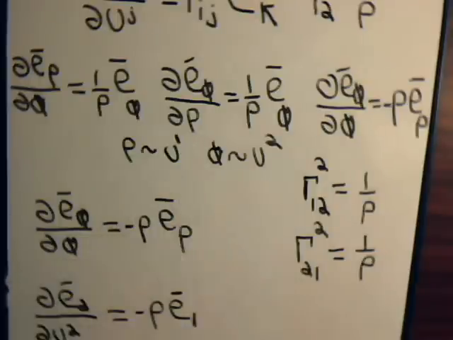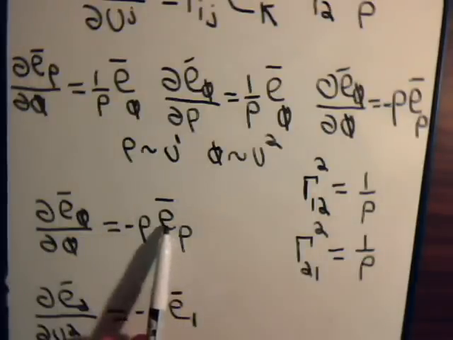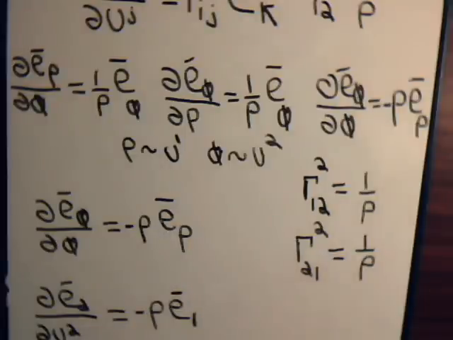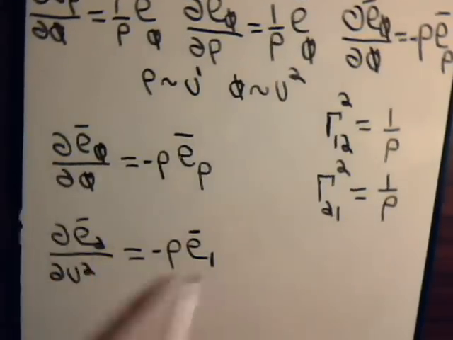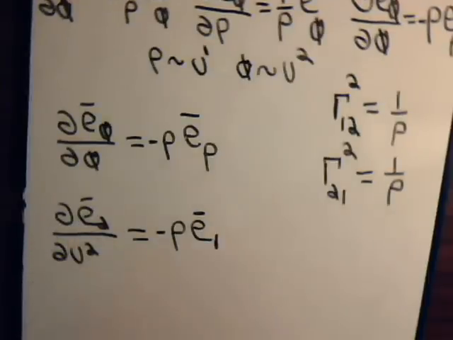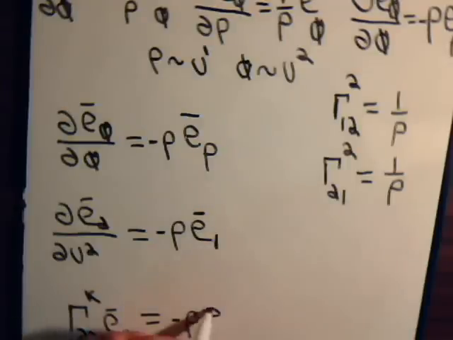Rho corresponds to 1 when it's used as a subscript here with our labeling of the tangential vectors. So if you want to write this down in terms of Christoffel symbols, we'd have gamma 2, 2, E with the repeated index, equals minus rho E1.